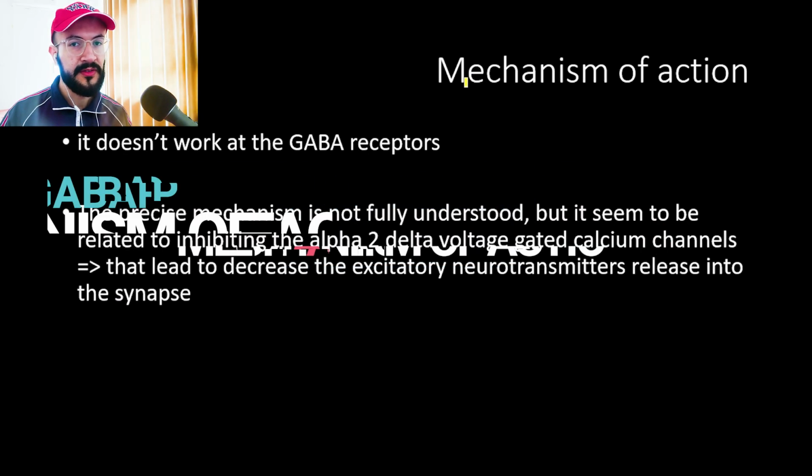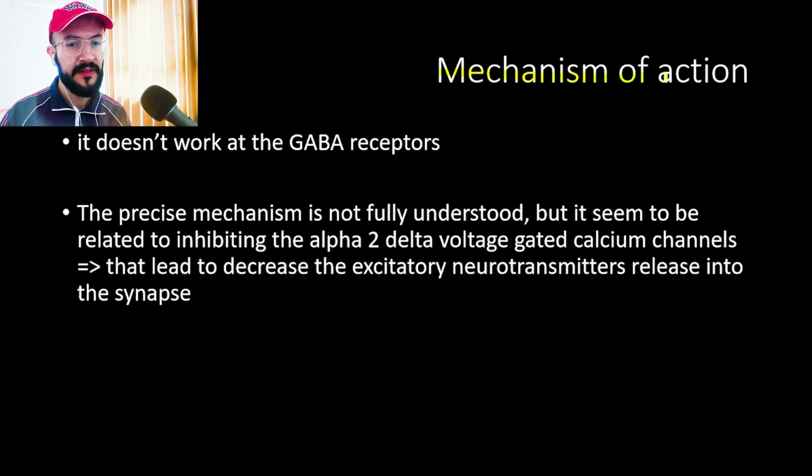Moving on to talk about the mechanism of action. The gabapentin doesn't work at the GABA receptors, as we mentioned, and the precise mechanism is not fully understood, but it seems to be related to inhibiting the alpha-2 delta voltage-gated calcium channels.